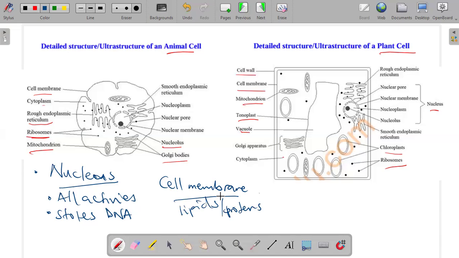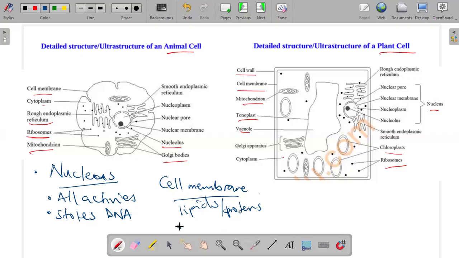It is selectively permeable. This means that it selects substances that can go through and substances that cannot go through it. You have small substances that it allows, for example, water.